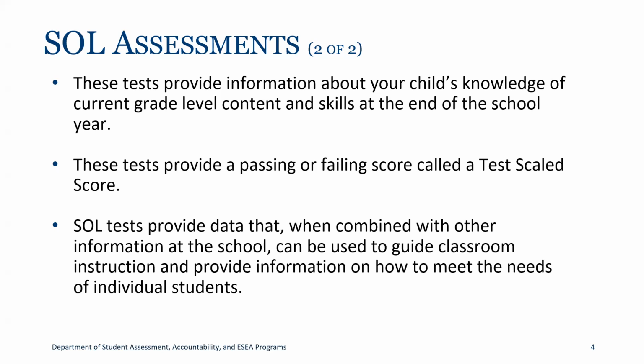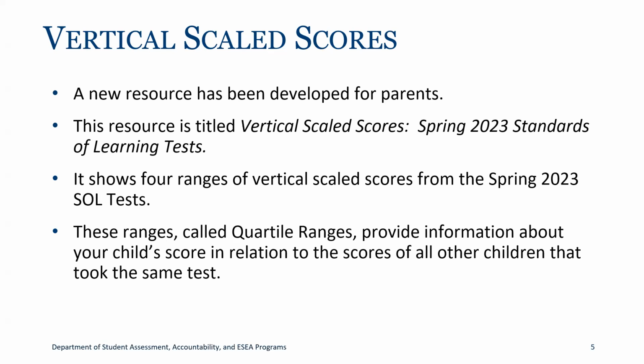The SOL tests provide data that teachers may use with other information at the school to guide classroom instruction, as well as information on how to meet the needs of individual students. A new resource has been developed for parents. The title of this resource is Vertical Scaled Scores, Spring 2023 Standards of Learning Test.